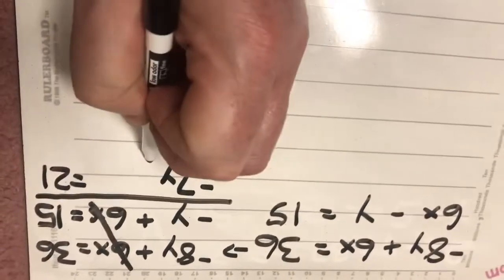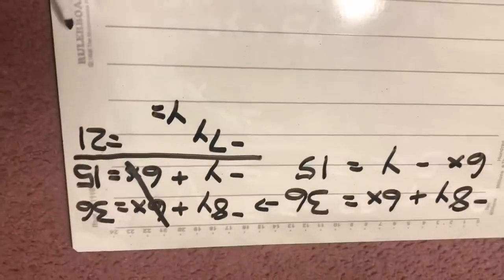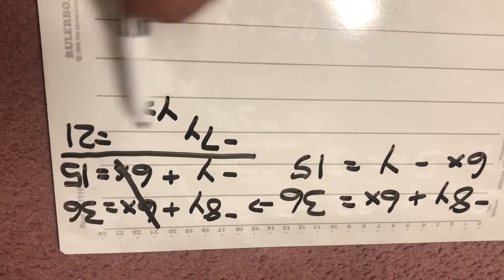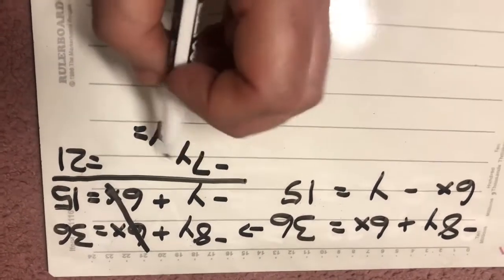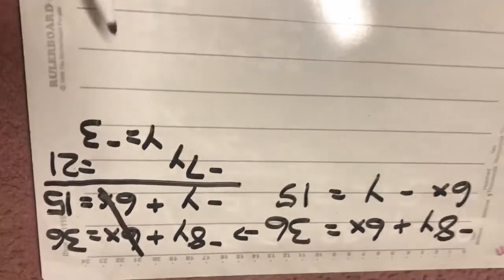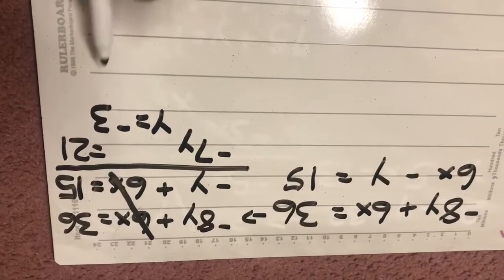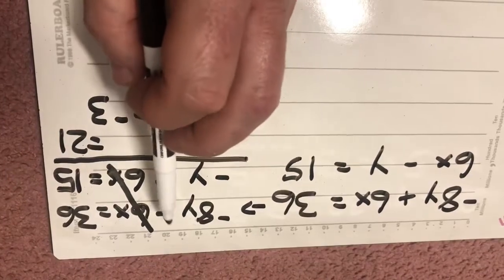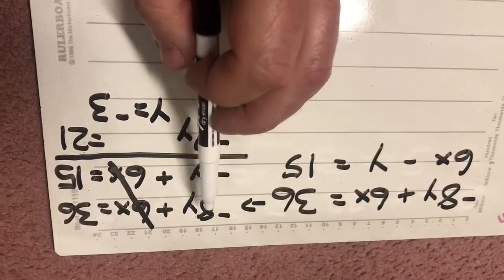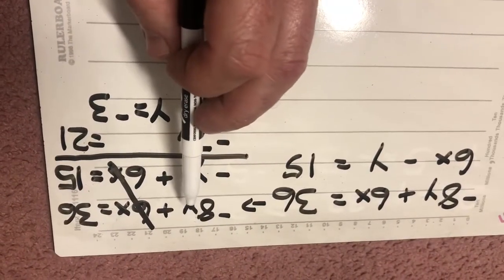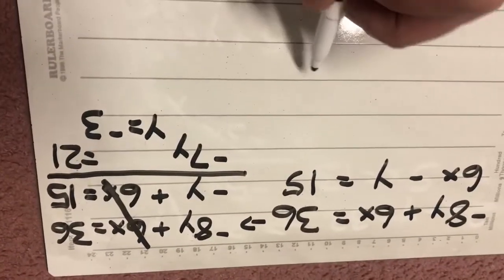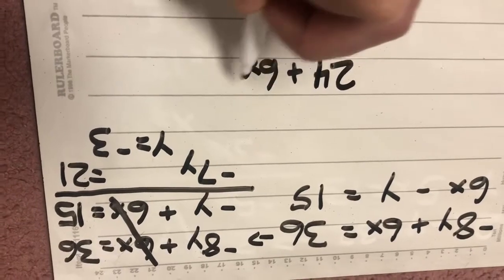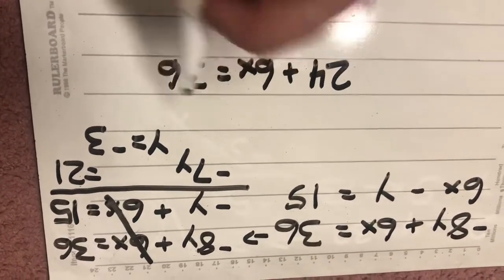Well, it's amazing. Usually the numbers work out pretty good in 8th grade, as they have in the past. If negative 7y equals 21, I'm going to do 21 divided by negative 7, and that tells me that y equals negative 3. Now I'm going to plug negative 3 into this first equation. Negative 8 times negative 3 is a positive 24. So that's going to leave me with 24 plus 6x equals 36.